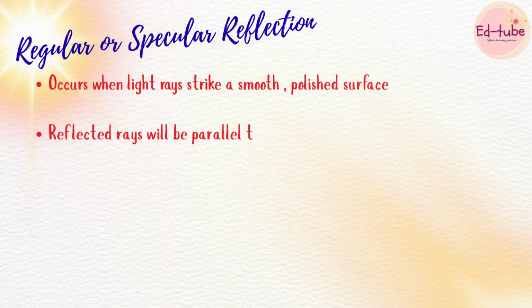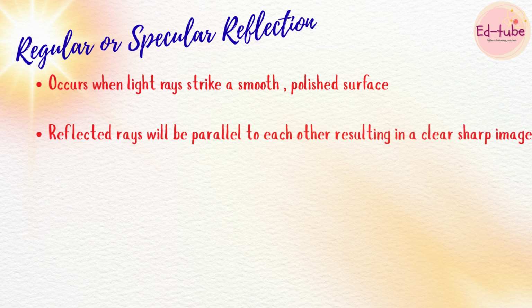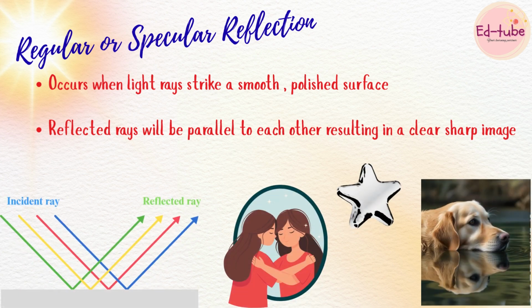The light reflects in a regular and a predictable manner. That means, reflected rays are always parallel to each other. The image formed will be clear and sharp. Some examples for regular reflection are reflection through mirrors or a polished metal or still water.